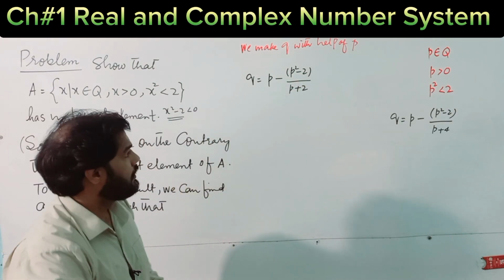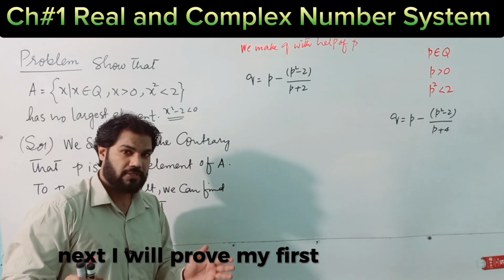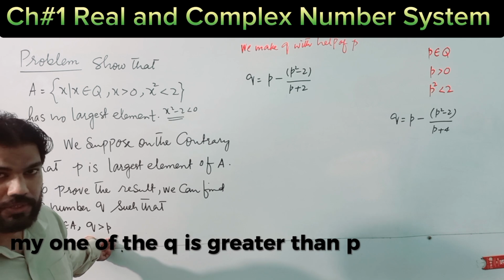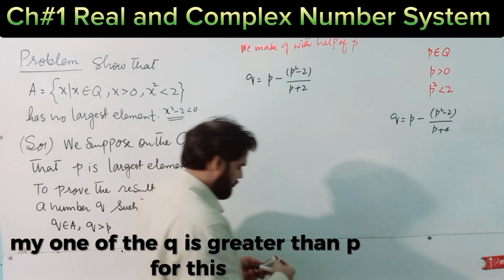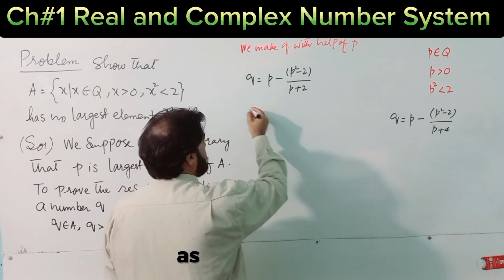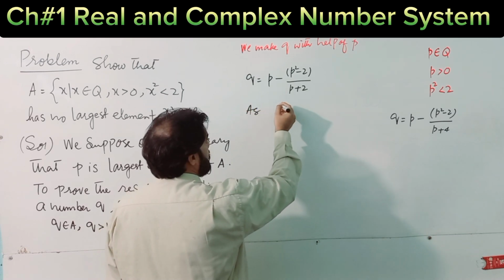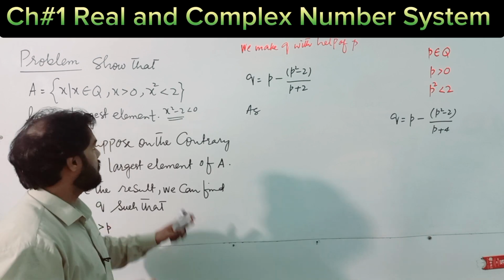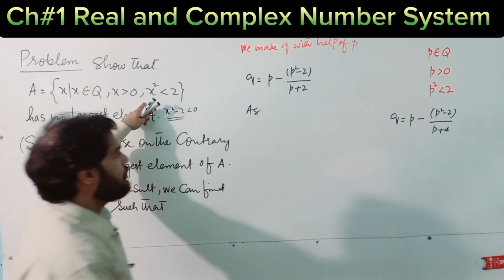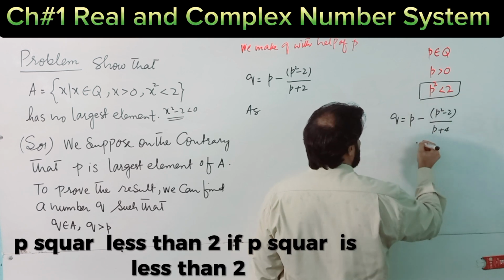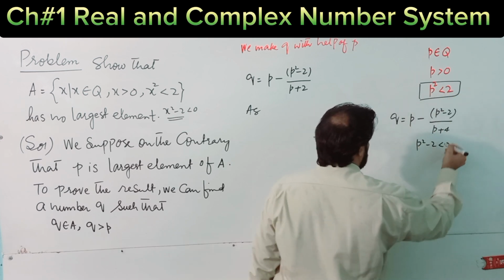Next, I will prove one of my claims: Q is greater than P. Because P is the largest element we have supposed of set A, P square will be less than 2. If P square is less than 2, then P square minus 2 will be less than 0.